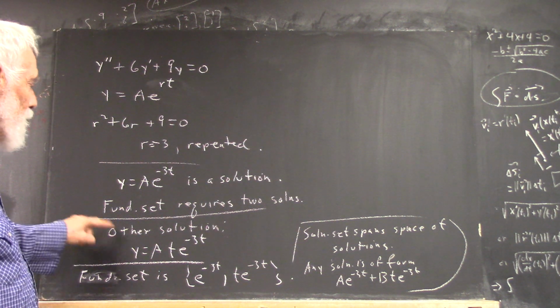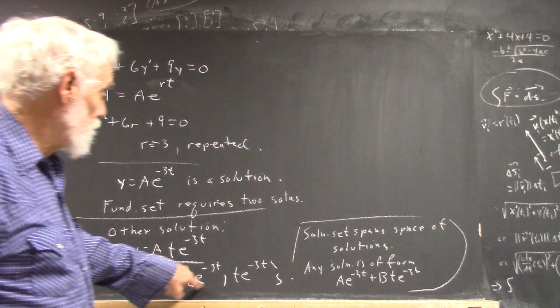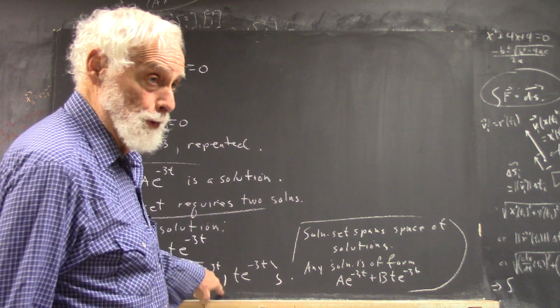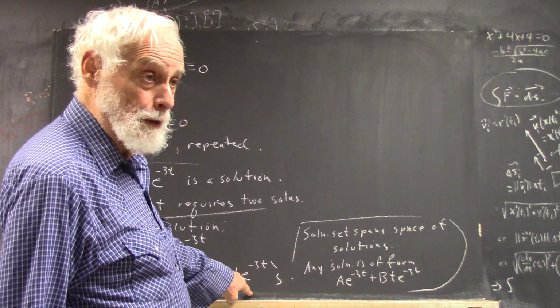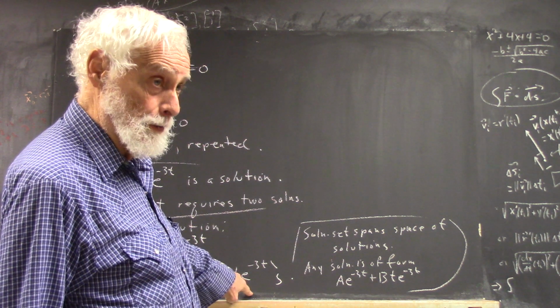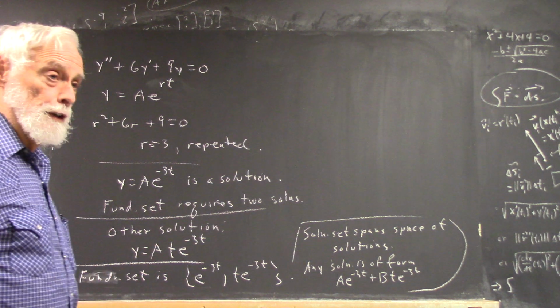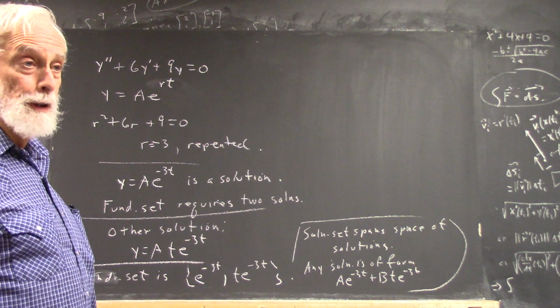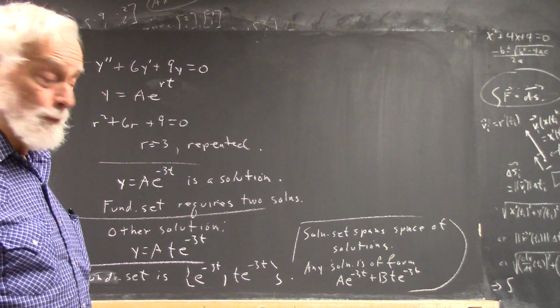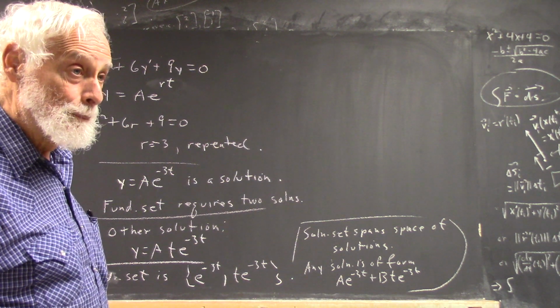Okay, so your other solution is this. There's your fundamental set. What's a fundamental set? It's a set of linearly independent solutions in the space of functions. Okay? And you check its linear independence by doing the Wronskian. Okay? What's the Wronskian?